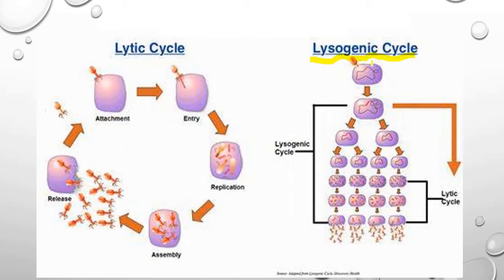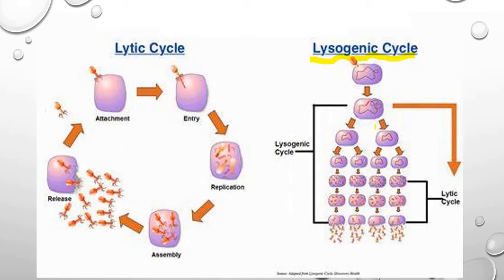The virus in this case will enter the host cell, but instead of replication like the lytic cycle directly, it will combine with the genetic material of the host cell itself. Then it will start replication, but in this case the cell itself will replicate carrying the genetic material of the virus beside the genetic material of the host cell, and in this case the genetic material will be completely changed.